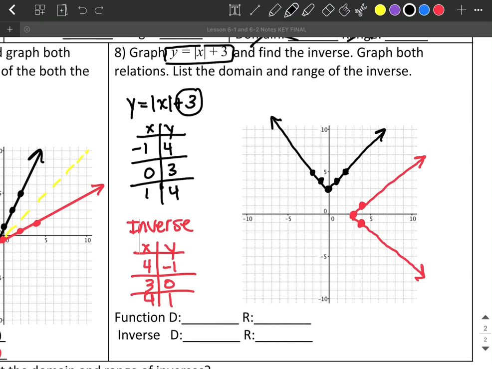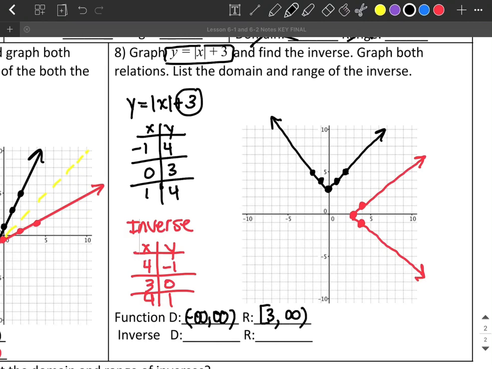Looking at the original function, I know the domain is -infinity to +infinity. All x values are included. That V shape goes on and on forever, to the left and to the right. The range, the included y values, the lowest value is 3, and that's included, and it goes to +infinity.